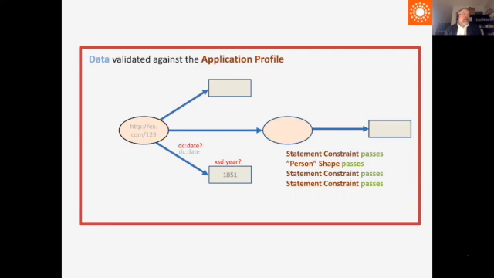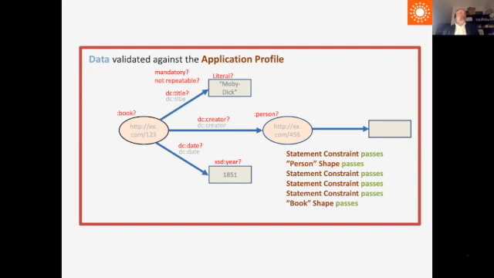The date is used with a correct value, so the statement constraint passes. This statement constraint, DC creator, is used with a person node, and the person node has to conform to the person shape. And we saw above that the person shape passes. So the book shape also passes, and all of the data passes.